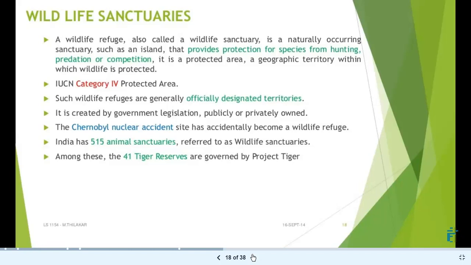It is a protected area, that is a geographic territory within which wildlife is protected. Such wildlife regions are generally officially designated territories. It is created by government legislation, publicly or privately.